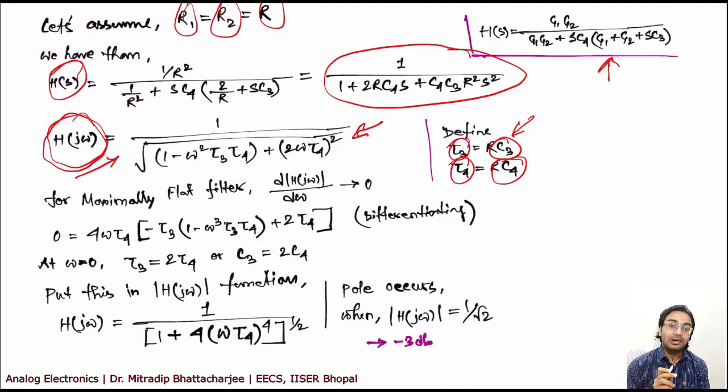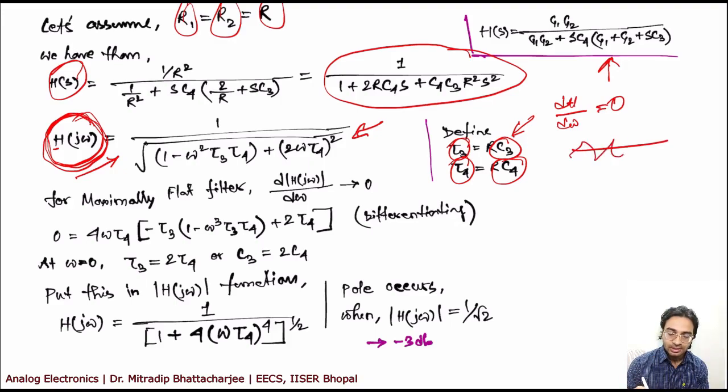Now if you want this ripple to be very less, what will you do? The derivative of your transfer function with respect to omega should be equal to 0. If dH divided by d omega is equal to 0, you can say this is a constant value, no ripples, no change in this transfer function, right?